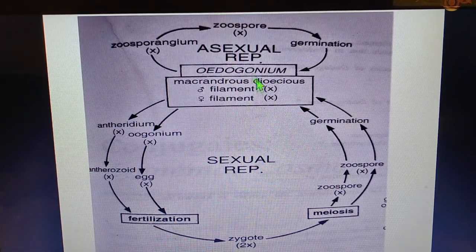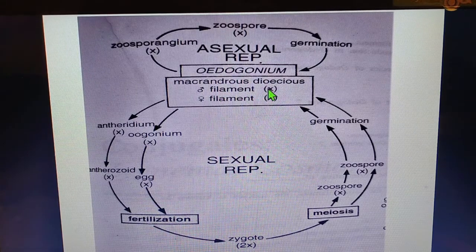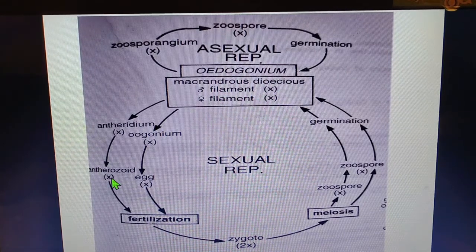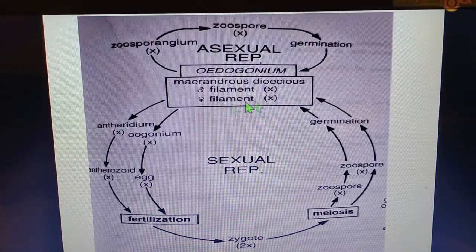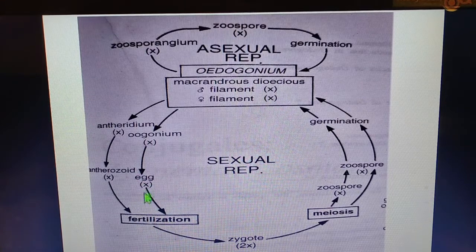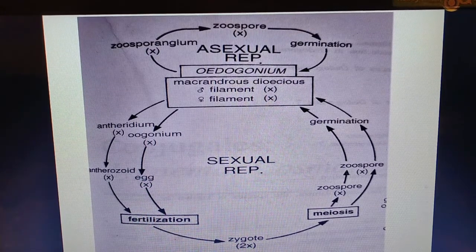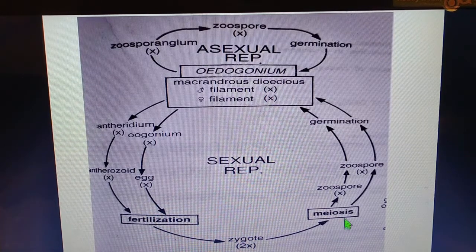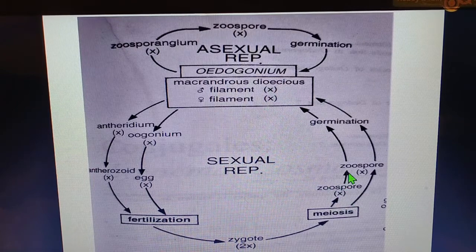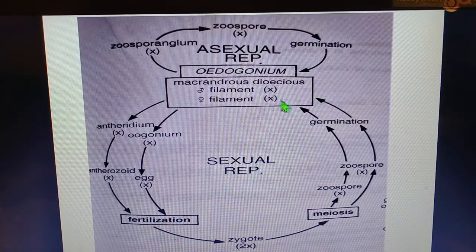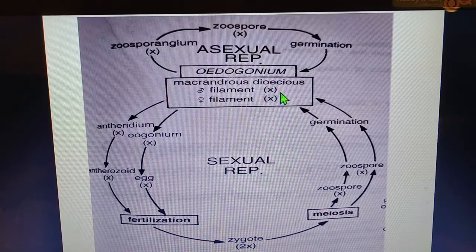From a male filament which is haploid, we get antherozoids which are haploid, and from a female filament which is haploid, we get the egg which is haploid. When these fuse together during fertilization, they will give rise to a diploid zygote, which will undergo meiosis to give rise to haploid zoospores, and these zoospores on germination will give rise to both haploid male and haploid female filaments.